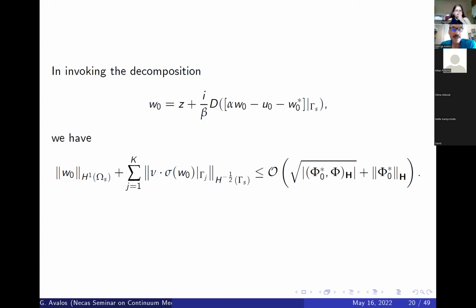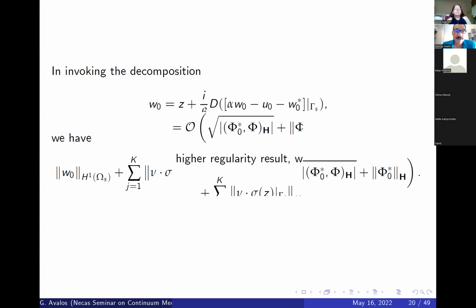And now, given this regularity for Z, we can straight away recover the H1 regularity, the energy regularity, for the thick component, the original thick component. And what's more, this estimate for the respective fluxes.